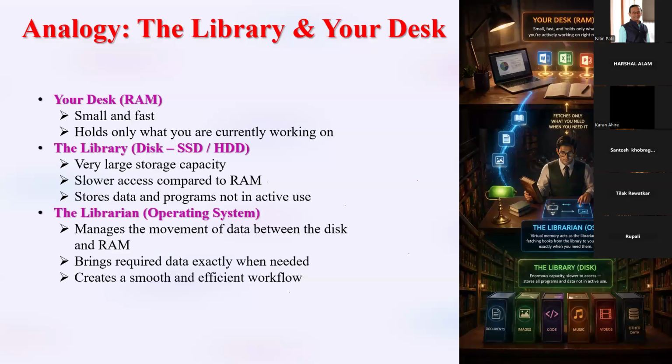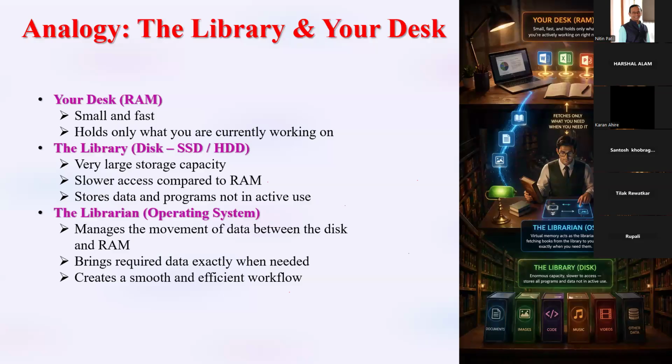And this is the illusion of virtual memory. You feel like you have access to unlimited workspace. But in reality, only a small portion is in front of you at any given time. Now let us think a little deeper. What exactly made this system efficient? It's not just the library, it's not just the desk, it's the intelligence of the librarian: choosing which book to bring, which book to remove, and when to do it.